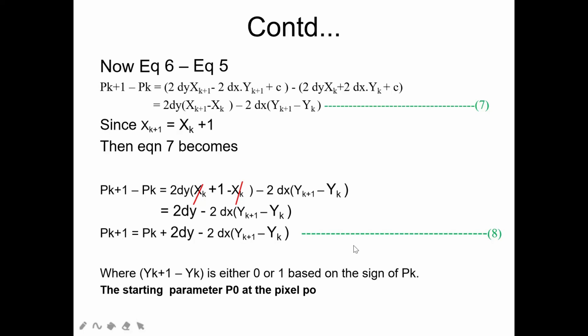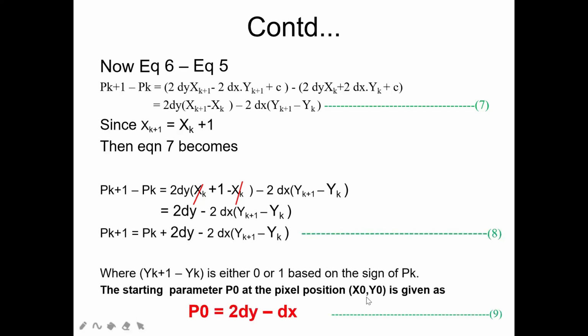Okay. So from here we have to find out the value of the first point. So here yk plus 1 minus yk can be 0 or it can be 1 depending on your pk value. So suppose if I am taking the first pixel parameter as p0, then what will be my value?